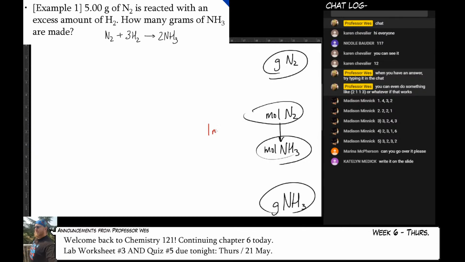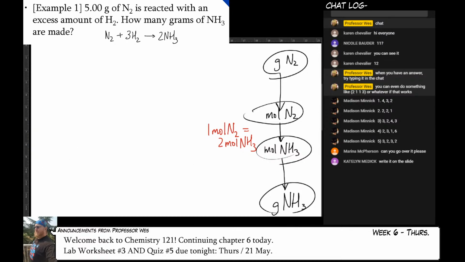And that would be 1 mole N2 equals 2 moles NH3. And that comes straight from the balanced chemical equation, like we just did.